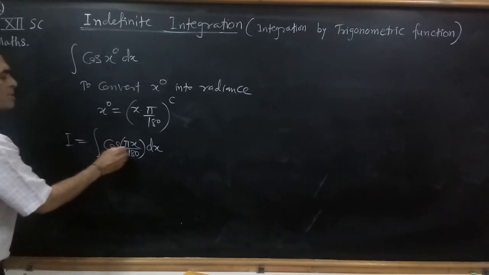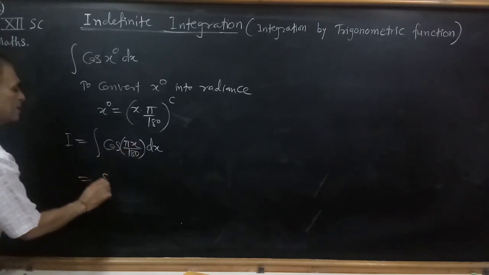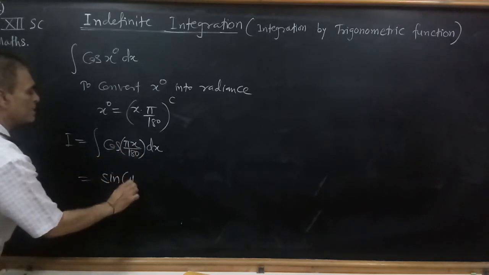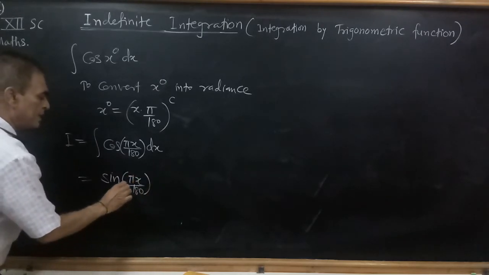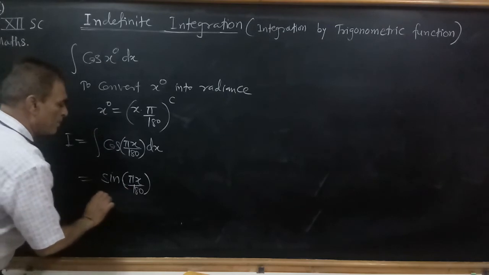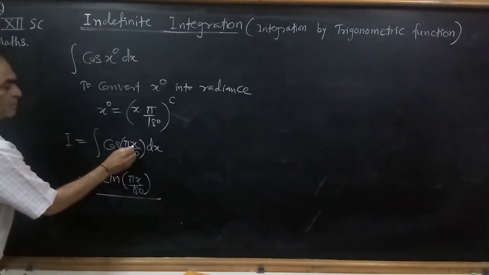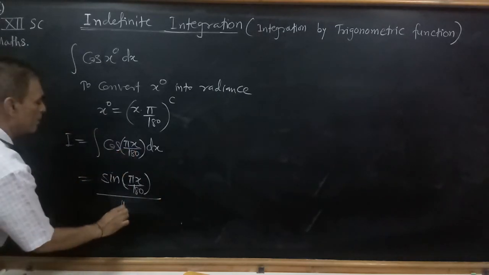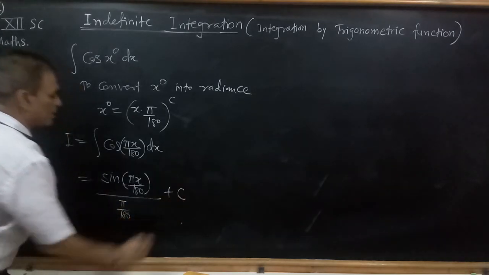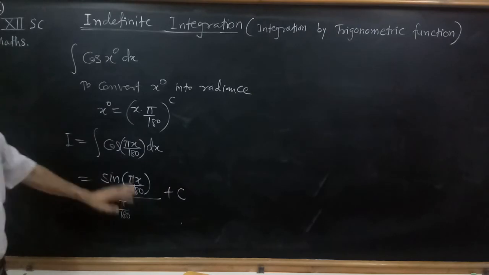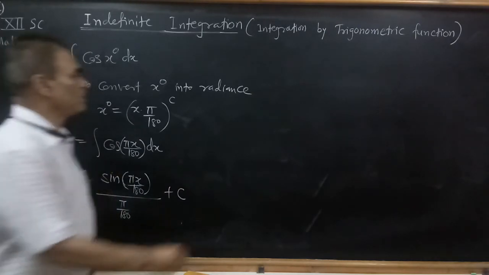Integration of cos of something is nothing but sine of something, meaning sine pi x by 180 divided by the derivative of this bracketed quantity, pi by 180, plus some constant of integration. You know, divide by a fraction, reverse and multiply.